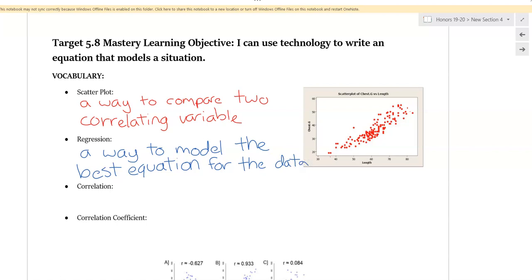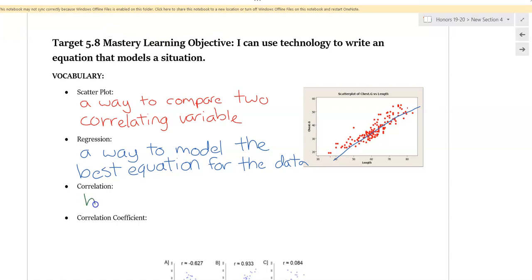So for example, this might be approximately linear, a line, and I would try to draw a line kind of through the middle of my data. And a calculator can do it much better than we can. So we will be using our Desmos, our graphing calculator, for this. But a regression is just trying to find that line that would go through the data.